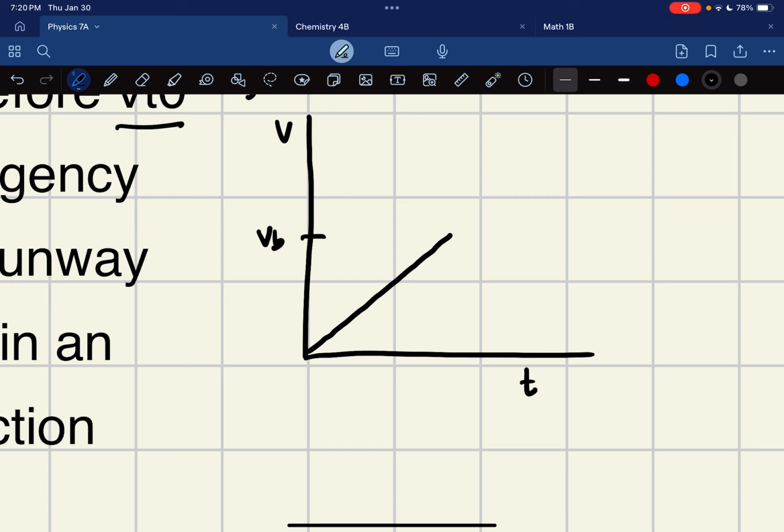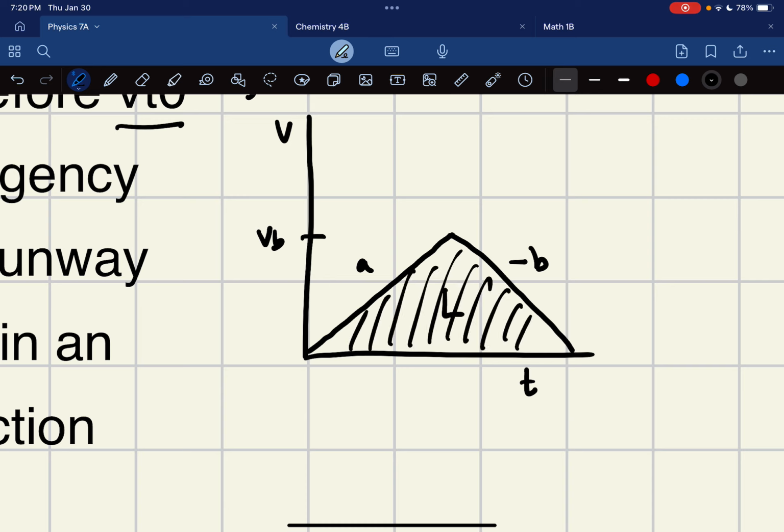After that, we have to be able to decelerate back down, you have to come to a stop, and this will have a slope of negative b. The first part will have a slope of a, and the area under here should be L. It seems pretty simple, but we're going to find out that it's a little bit more complicated than that.